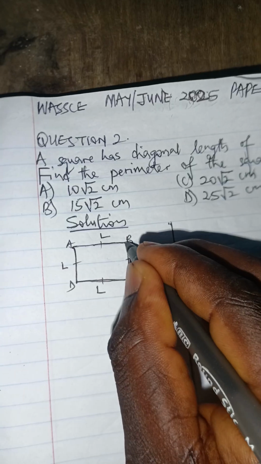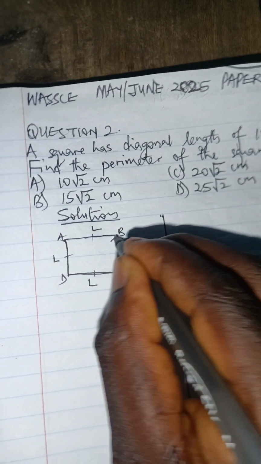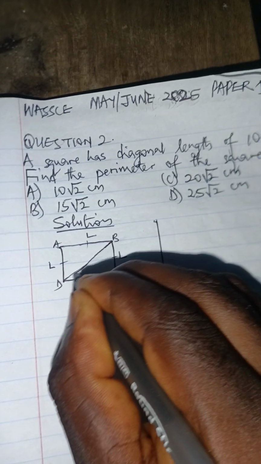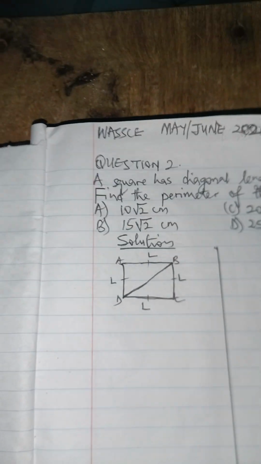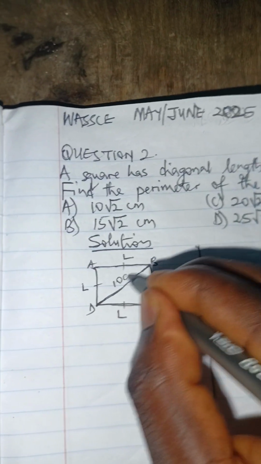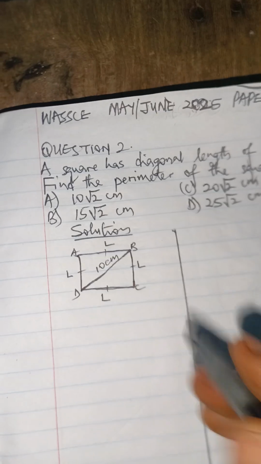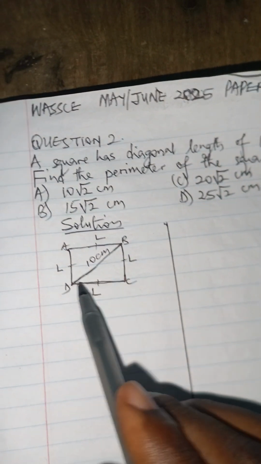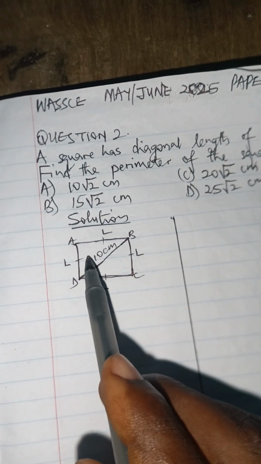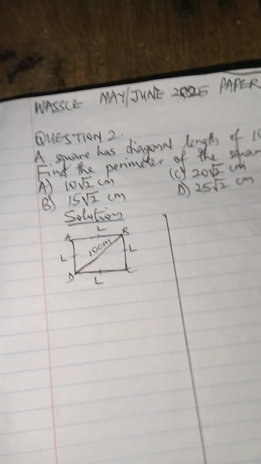Now, this is a diagonal, a line drawn from one edge to the opposite edge. We have been told that the diagonal is 10 centimeters. If you look at what I've drawn, this diagonal splits the square into two parts.